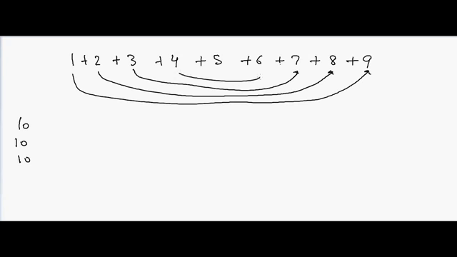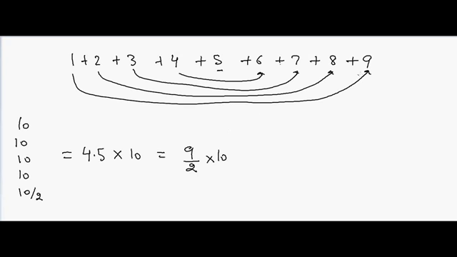Then 4 and 6, one more 10, and then we are left with a 5, which is half of a 10, so 10 divided by 2, you can say. So in total we have 4.5 into 10, so 4 tens and half of a 10. Again, if we look here, that will be equal to 9 divided by 2 into 10.